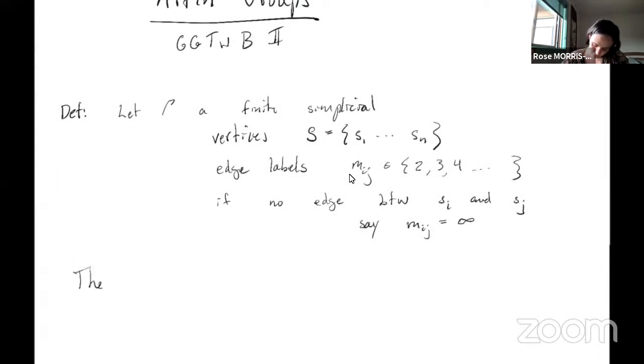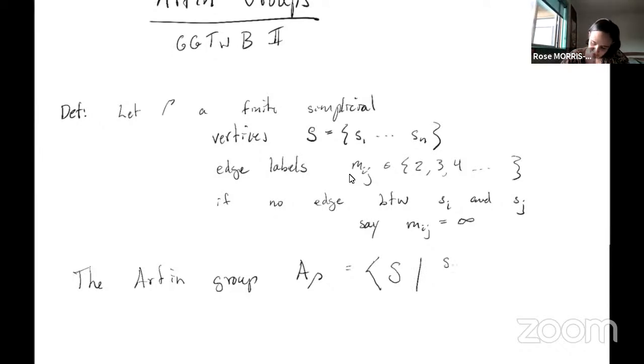So the Artin group, which we denote A sub gamma, is equal to the group with the following presentation. So the generators are the set S, and the relations are determined by the edges.